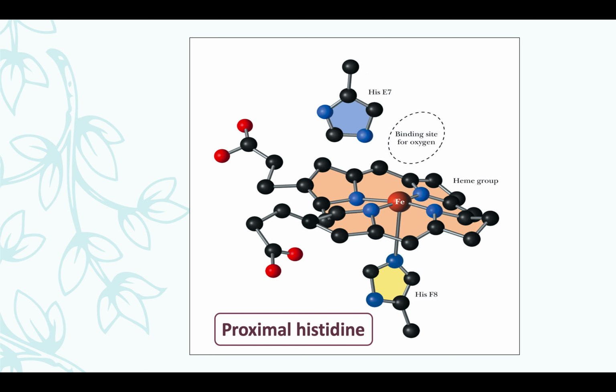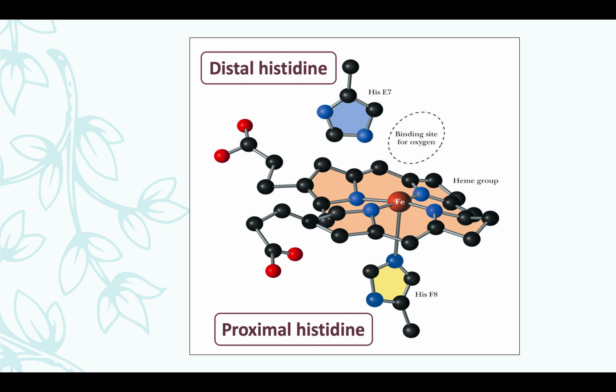On the other hand, the other histidine residue in the interior of the molecule is histidine E7, or His E7, the distal histidine. Distal histidine here means that this histidine residue is located far from the heme group.